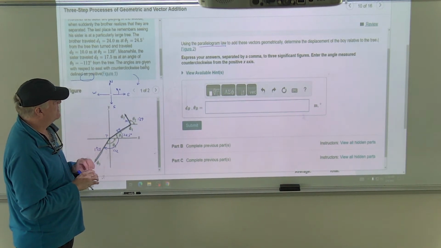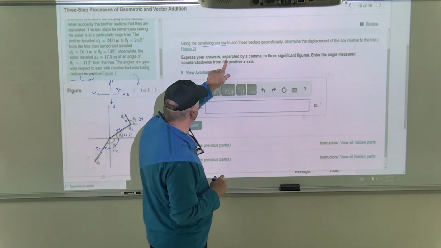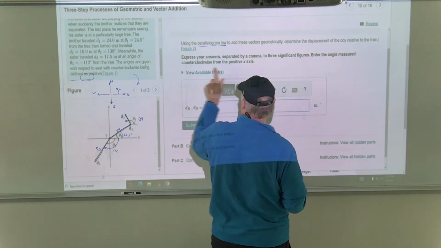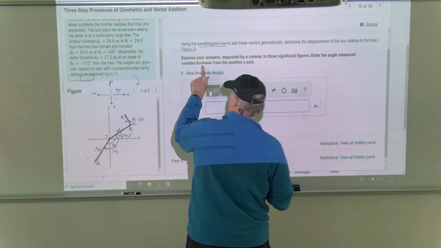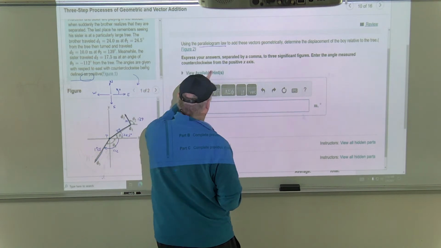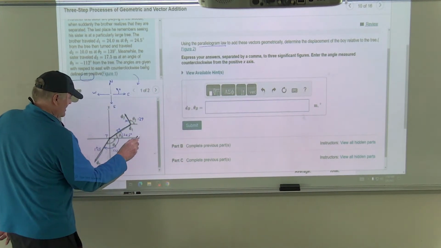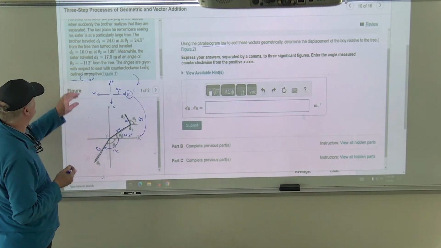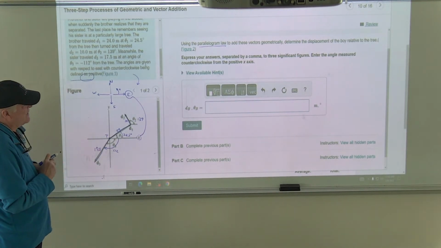Then he says, express your answer separated by a comma, and enter the angle measured counterclockwise from the positive x-axis, which is the same thing that he was saying up there, the east thing. So from the east, okay, that's fine.